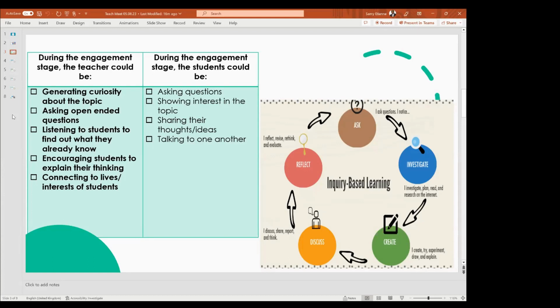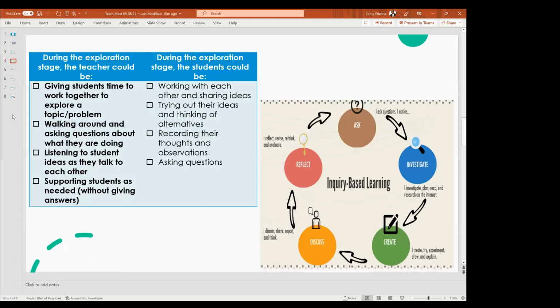Then we're going to move on to the exploration stage. The students could work individually or as part of a group. Here the teacher takes a step back. You let the students explore, you let them come up with some ideas, so the guiding process is very loose.